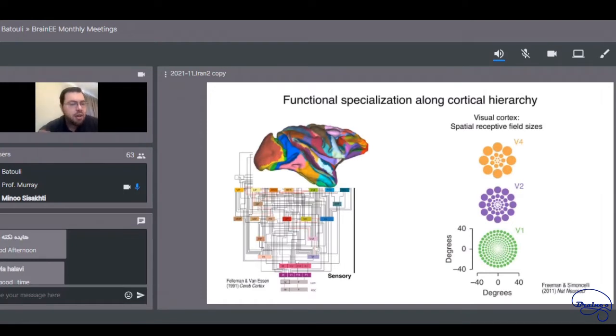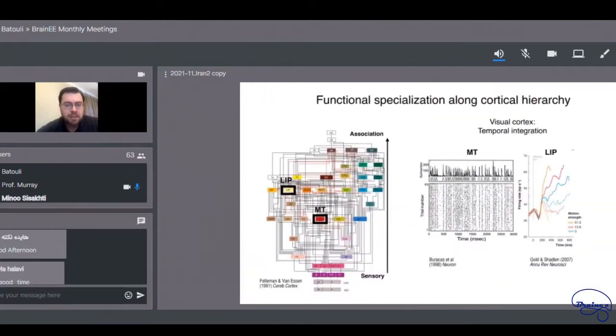And so we know that there are a lot of functional differences, right? So, we know that receptive field sizes change as you go from early visual cortex V1 to V2 to V4, up the ventral stream, you get cells which care about larger regions of space. That's an aspect of functional specialization across the cortical hierarchy. And there are also aspects that we see temporally.